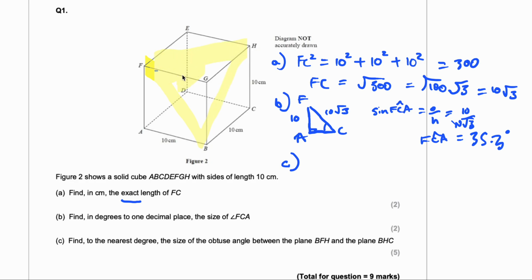BFH is kind of like a diagonal cross section as we color it in. Okay, so that's that. And then BHC. So BHC will be the kind of like this side here.